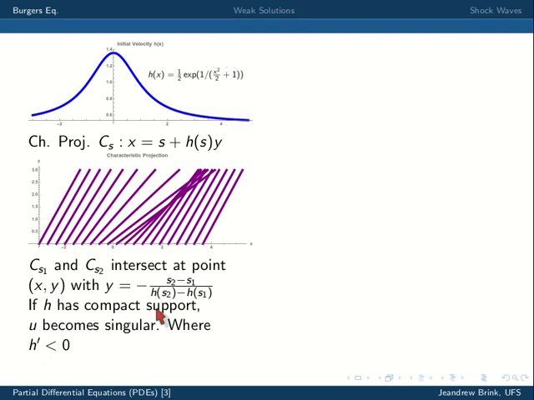Any function that is localized to a spot is always going to increase and then decrease to 0. Therefore, it's always going to have a negative derivative at some point, and therefore its characteristics are most likely going to collide. So you can state that this feature, inconvenient as it may be, that the problem is no longer single valued, is in some sense generic.